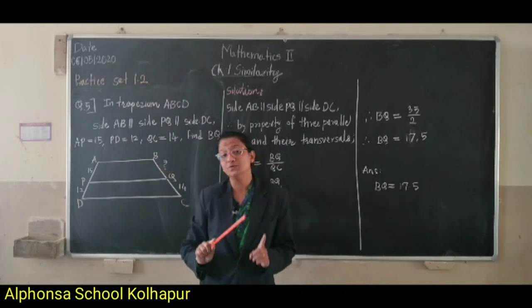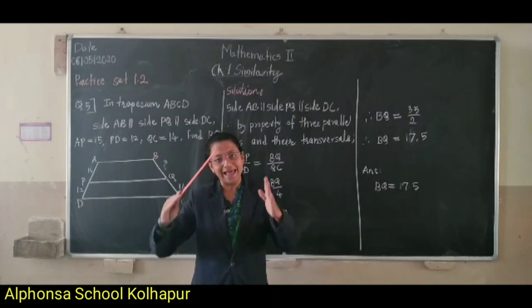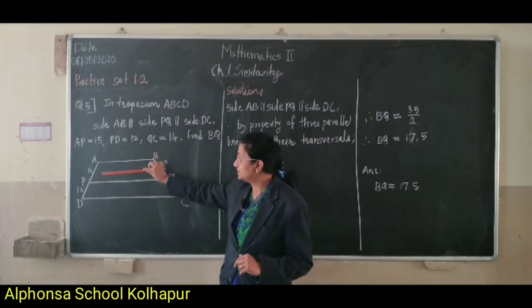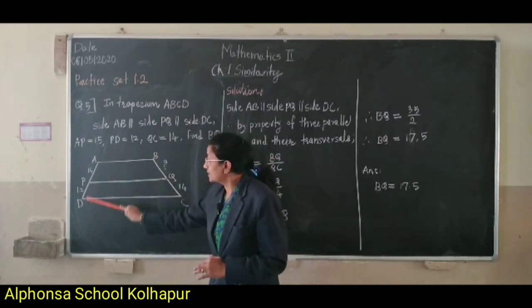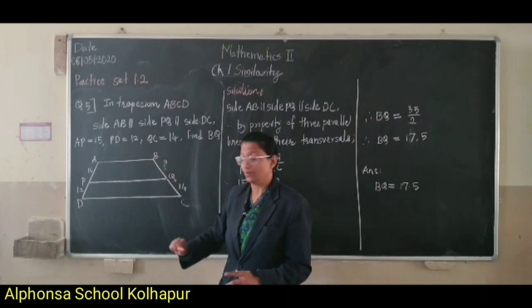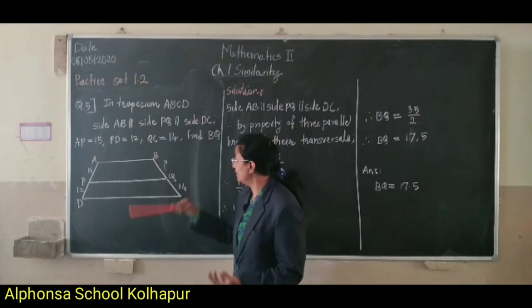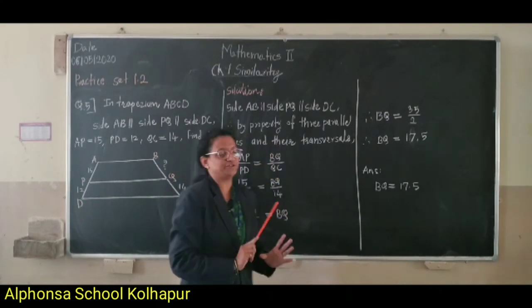Here we are going to use the property of three parallel lines and their transversals. According to that, if three lines are parallel, then they will divide transversals in the same ratio. So according to that, AP upon PD will be equal to BQ upon QC. Let us start the solution.